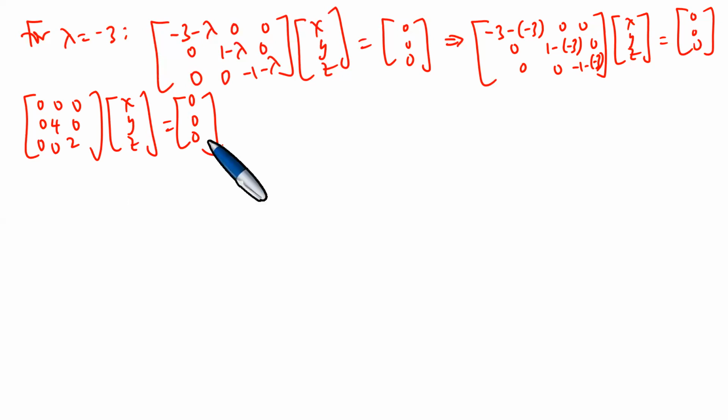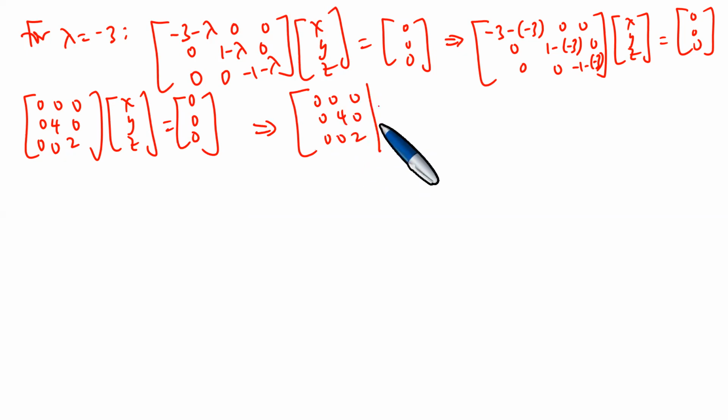Ordinarily we need to row reduce this. Is it row reduced? So you have this.